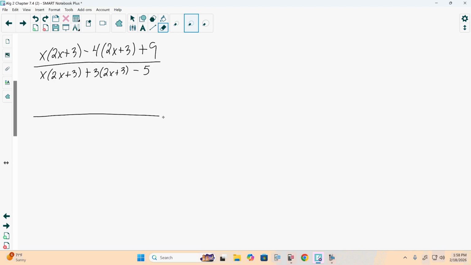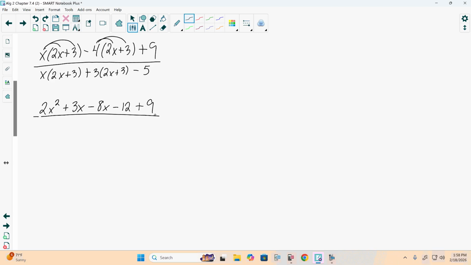So on top, the first thing we have to do is distribute the x. X times 2x is going to be 2x squared. X times 3 is plus 3x. Negative 4 times 2x is negative 8x. Negative 4 times 3, negative 12, and then we have our plus 9.